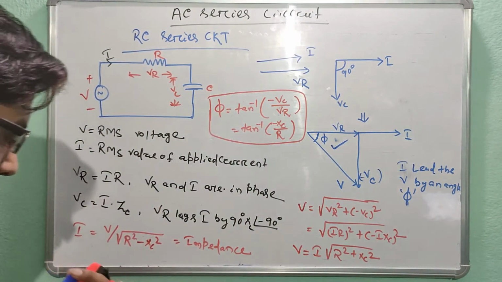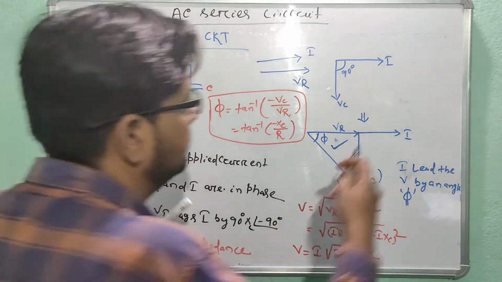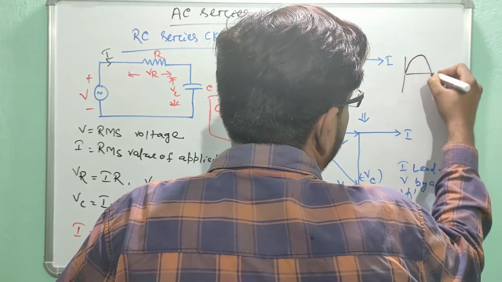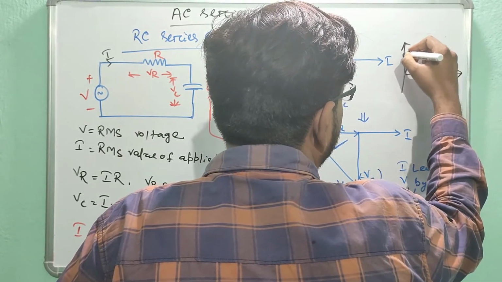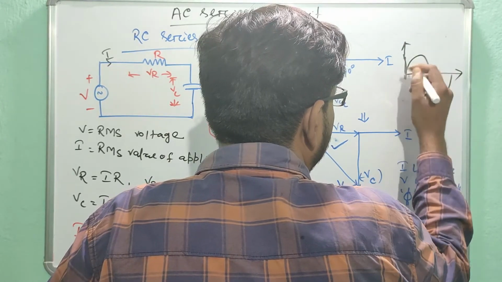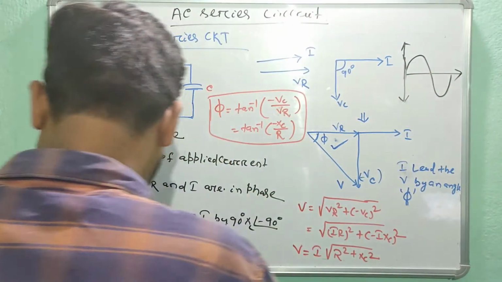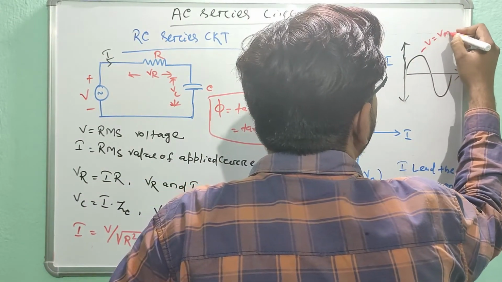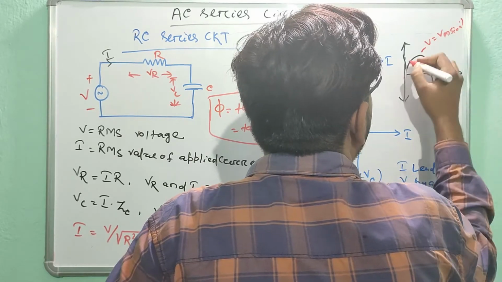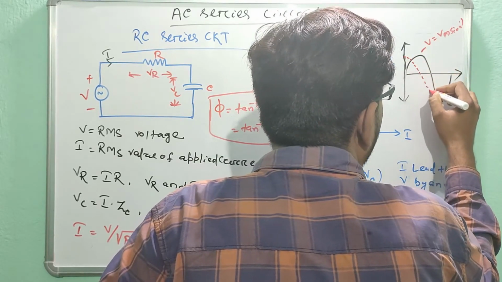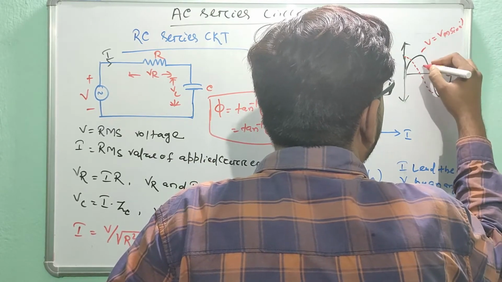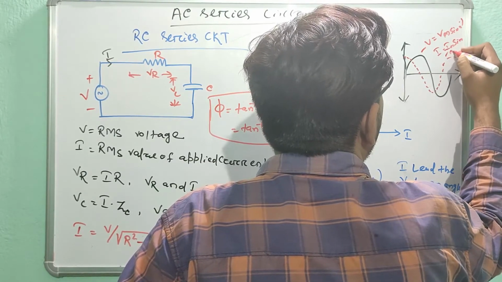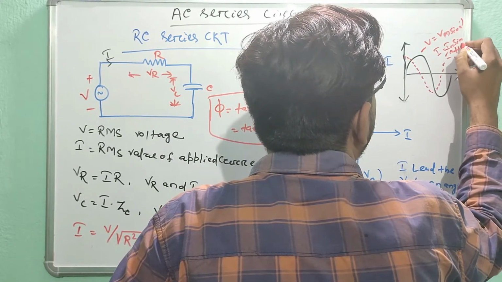So then what is my waveform? You see, for waveform, this is my voltage, V is equal to Vm sine omega t, and this is my current value, I is equal to Im sine omega t plus phi.